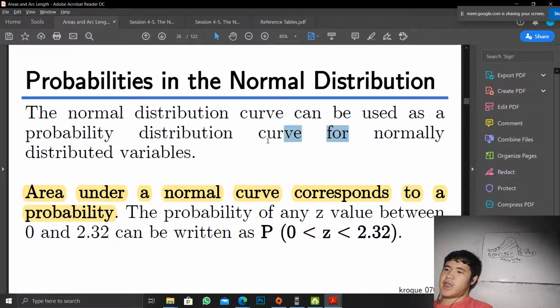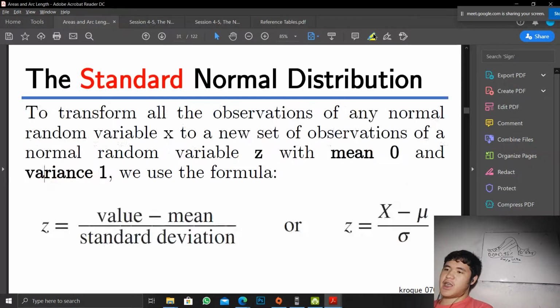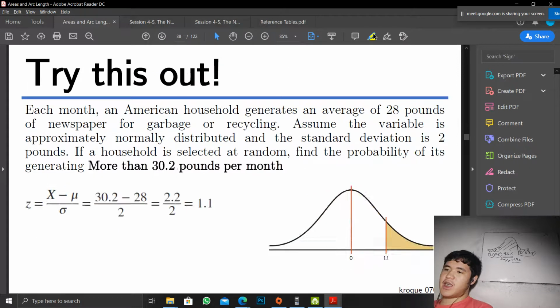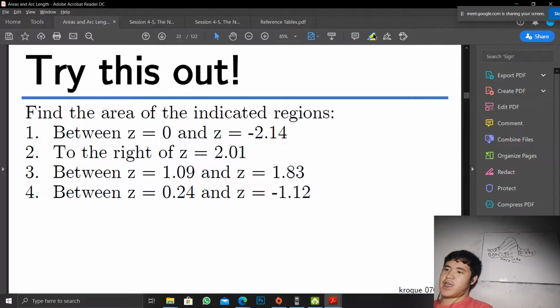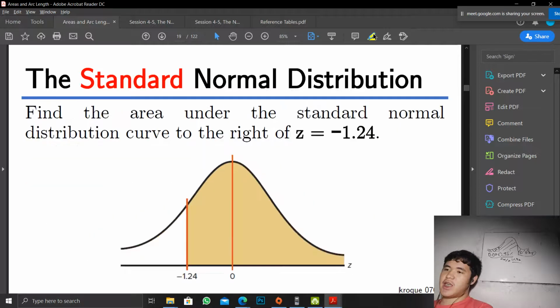And always remember, dapat normally distributed yung value. Okay? I think na-discuss ko naman sa inyo yon last time. Or hindi pa ba? Hindi pa nga pala. Okay, never mind. Basta dapat normally distributed yung value. Okay? Always remember that.